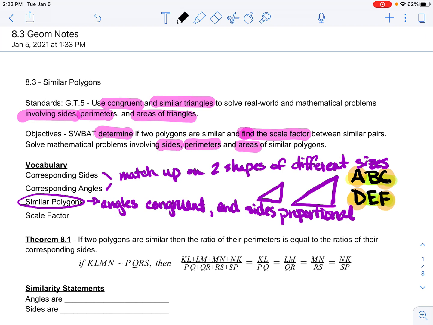Now, what is a scale factor? A scale factor is simply the ratio of how much you shrink or enlarge a shape.